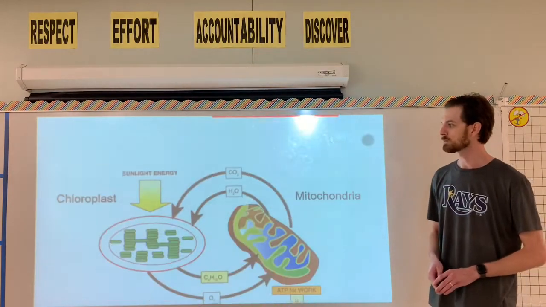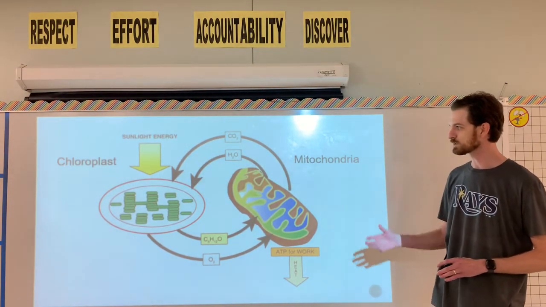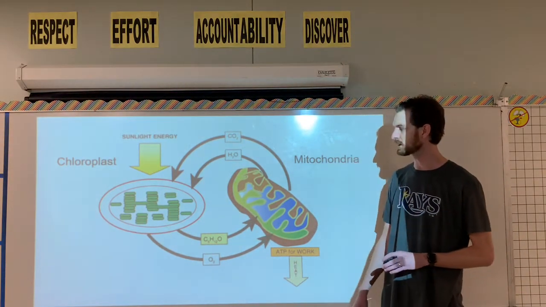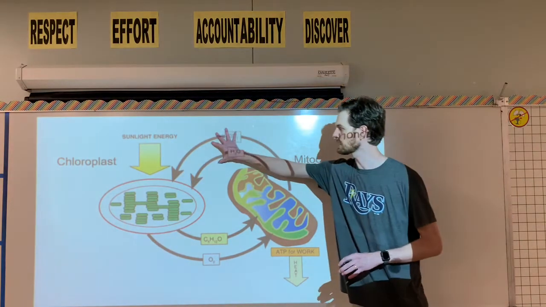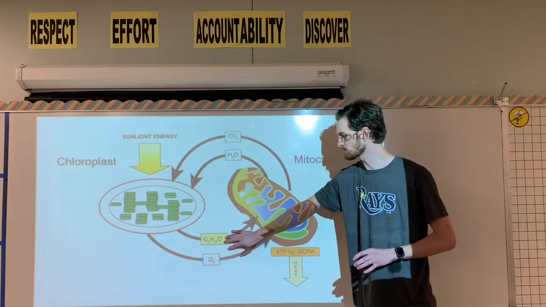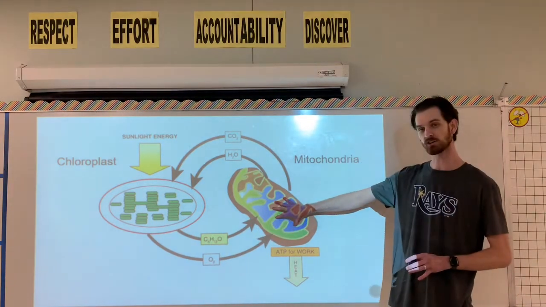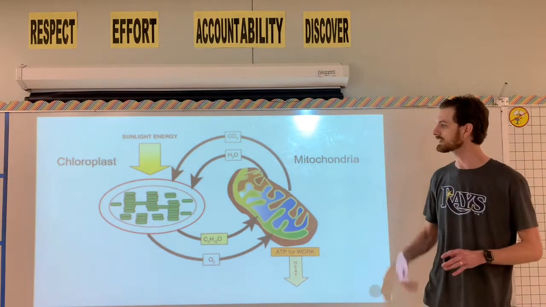Now we can incorporate these ideas into this photo. The chloroplast here is the site of photosynthesis within the eukaryotic plant cells, and that takes in the carbon dioxide and water, uses the sun's energy, and as a byproduct produces sugars and oxygen that it can later move into its own mitochondria to break down, producing carbon dioxide and water as well, and keeping the cycle going.